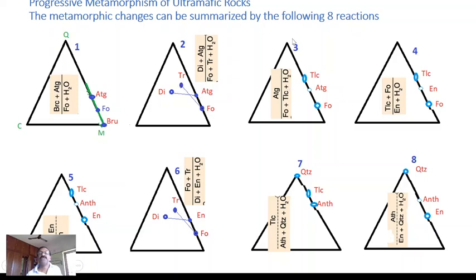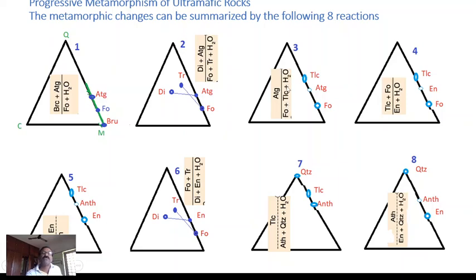So now let us examine the third reaction. What is that? Here you can have forsterite. Then you know the talc. Talc is also there. So the talc and forsterite formed from antigorite. So the antigorite dissociates to form forsterite plus talc plus water. This is the third reaction.